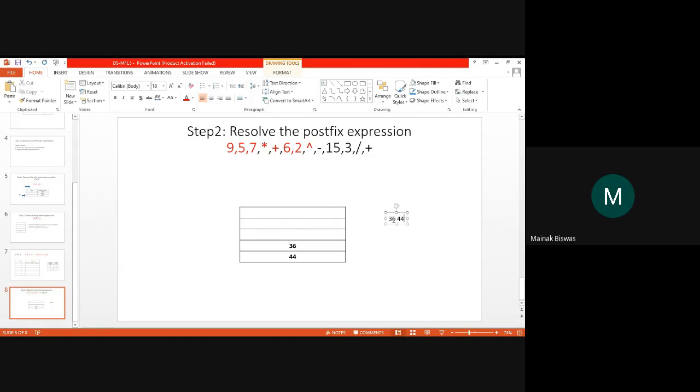So how do we do that? Tell me. The first one popped is 36, and then 44. 44 minus 36, right? Or 36 minus 44? Tell me. Sir, 44 minus 36.